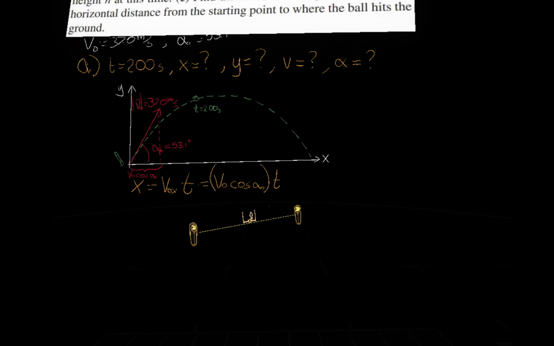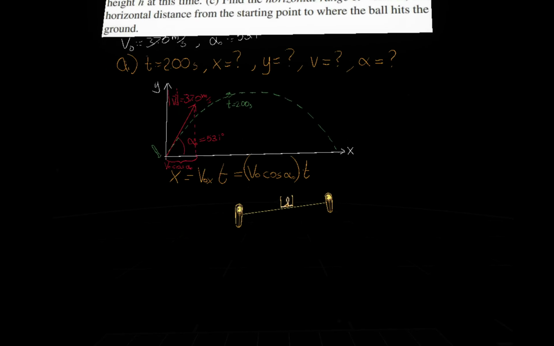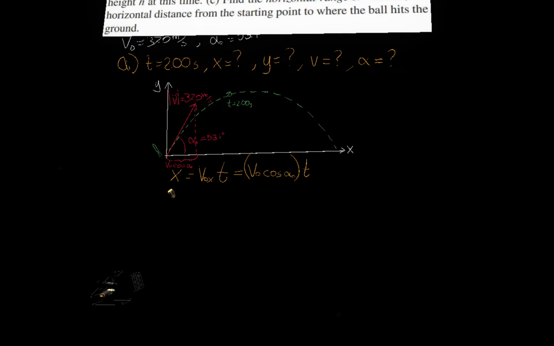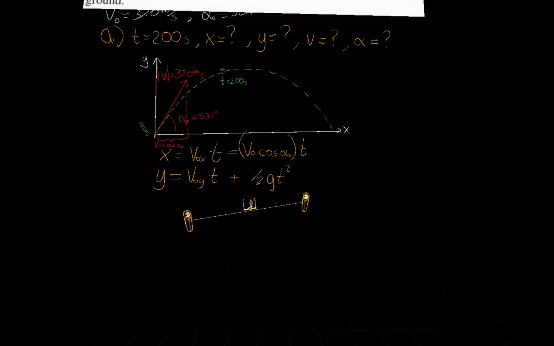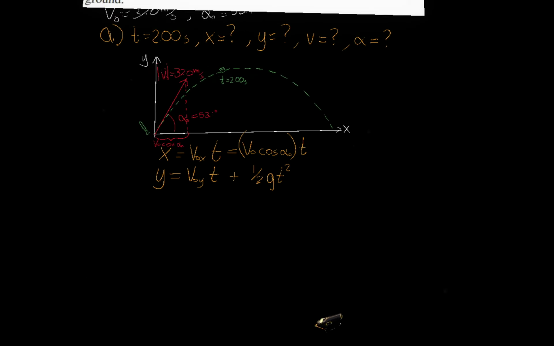And the other one that we want to use, I'll do it below, is y is equal to v naught y times t plus 1/2 g t squared. We want to use this, but we need these quantities first.